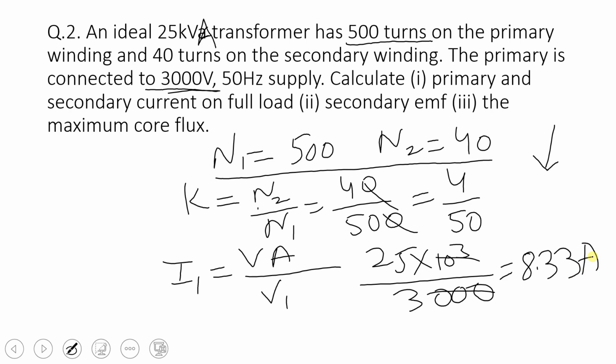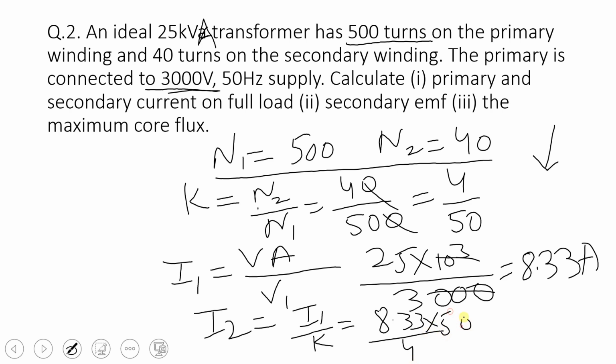Similarly, we can find I2. I2 is equal to I1 upon K. The I1 value is 8.33 and the K value is 40 upon 500. So it is 104.2 ampere.